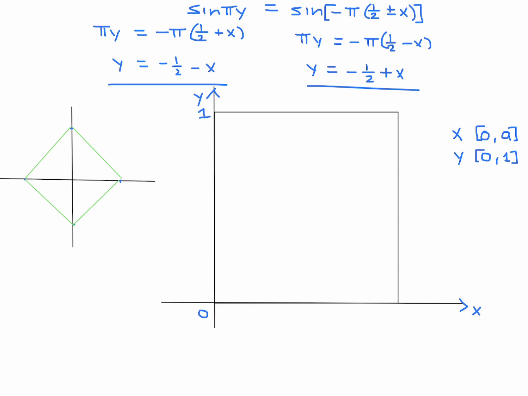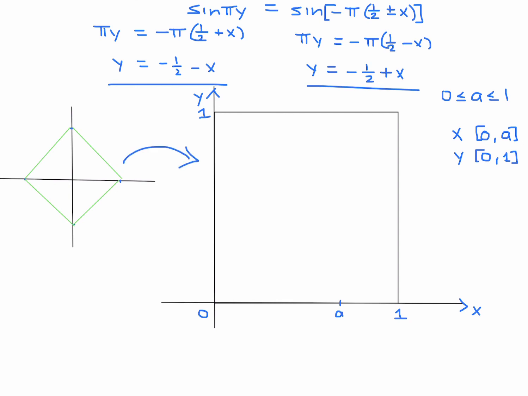But x is from 0 to a. But a, they're telling me, is anywhere between 0 and 1. I don't know what the value of a is. So a could be here, a could be here. I don't know. So let's just leave that alone. But one thing we do know is that the maximum that a could be is 1, and the minimum is 0. So the range for a is between 0 and 1.